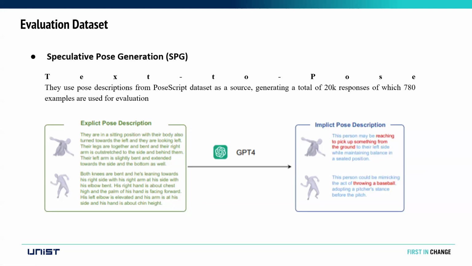For this task, they use the description from PoseScript, and then they ask GPT-4 to reform it into an implicit version. As you can see here, the text in green is from PoseScript, which is very explicit, but through the help of GPT-4, it becomes the implicit version.